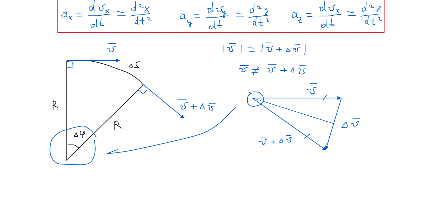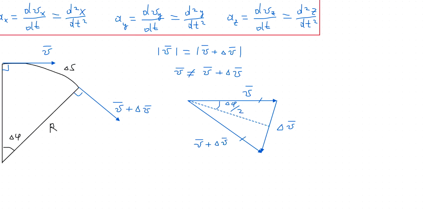And from this we can notice that this angle is equal to delta phi divided by 2. And from this picture we have that delta v is equal to v multiplied by sinus. Oh no, it will be double. Of course, double sinus delta phi divided by 2.